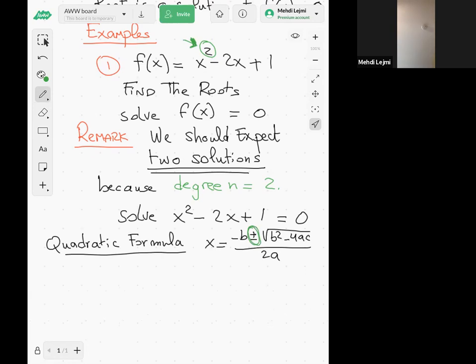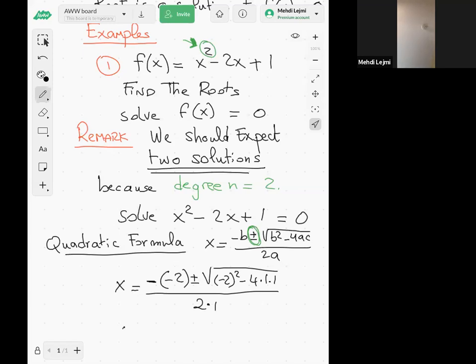But anyway, if you use the quadratic formula in this example, of course, your x would be minus b, so minus b is negative 2, plus or minus square root of negative 2 squared minus 4 times a, which is 1, times c, which is 1, over 2a, so over 2 times 1, right?